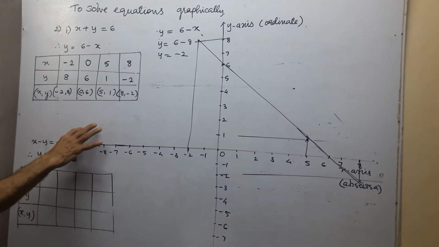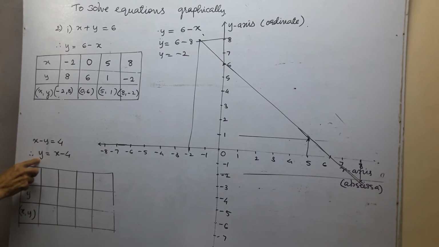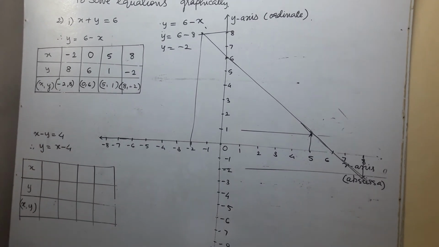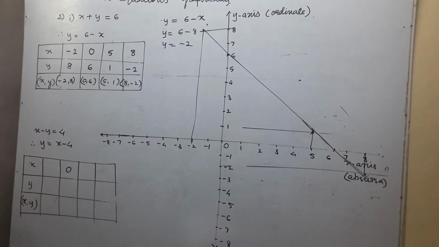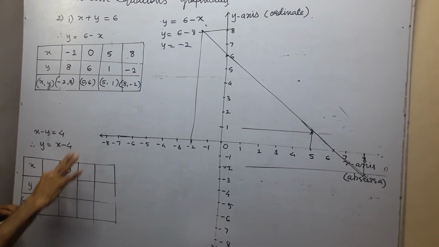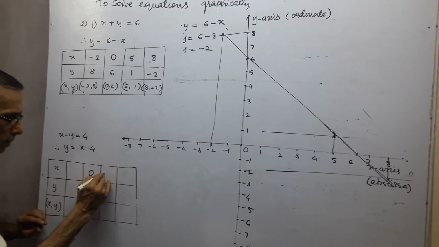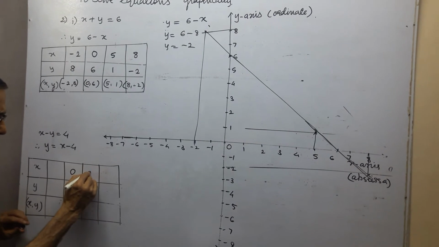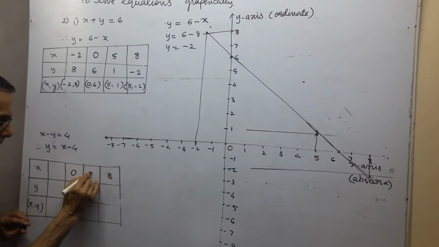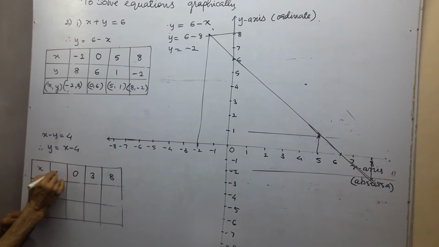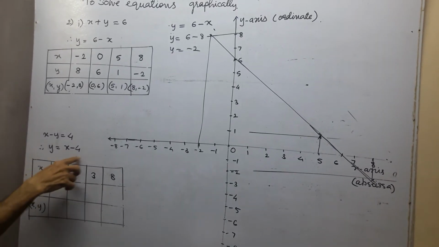Same way, let us take the second equation now. Here x minus y equal to 4, and therefore y is equal to x minus 4. Once again, let's take the values. One always take 0, that will be better to get easy answer. So take x is 0. Now here take positive values 3, 8, and take here suppose minus 4, and get the values of y.